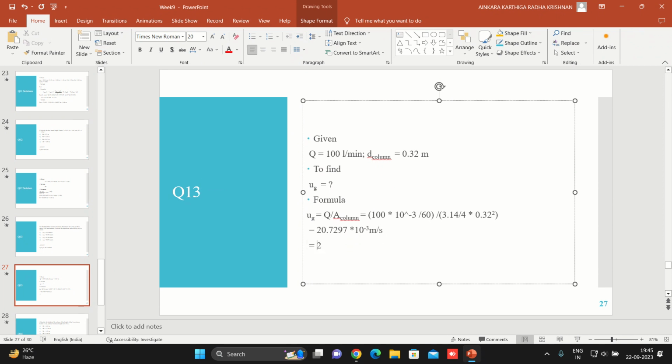So which is nothing but 20.72 mm per second.